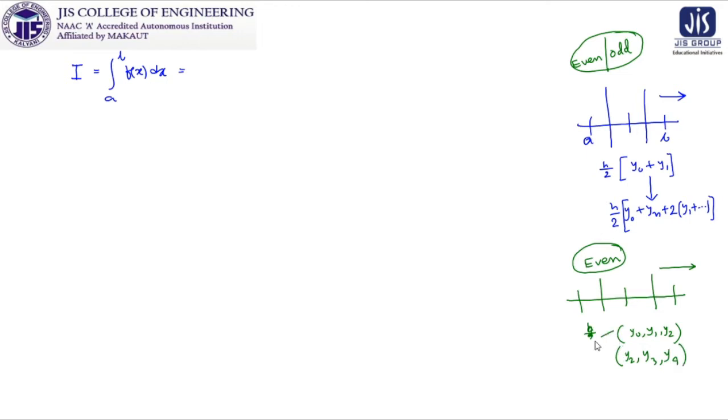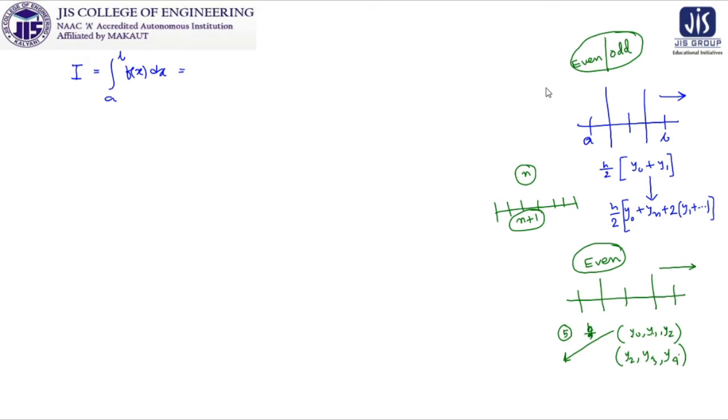If the number of subintervals is 2, then you have 3 values, and when the number of subintervals is 4, then you have 0, 1, 2, 3, 4, that means 5 values. So if you have n plus 1 points, you have n subintervals, where n is an even number.